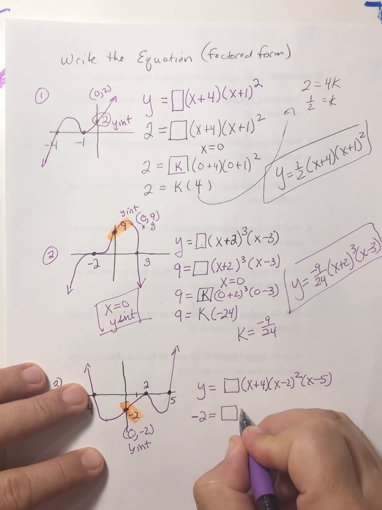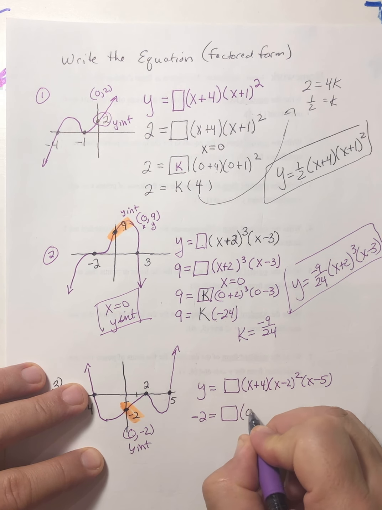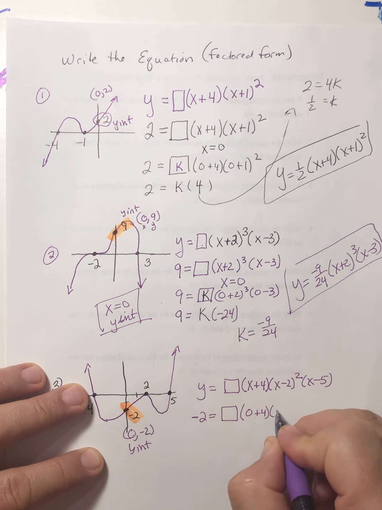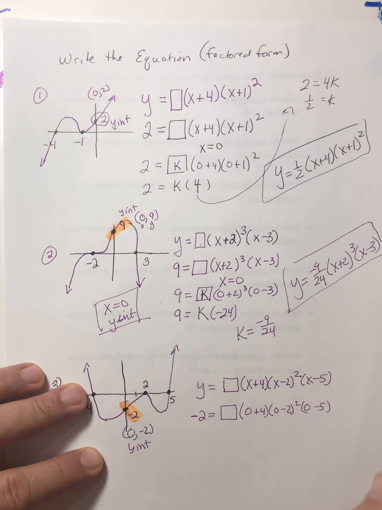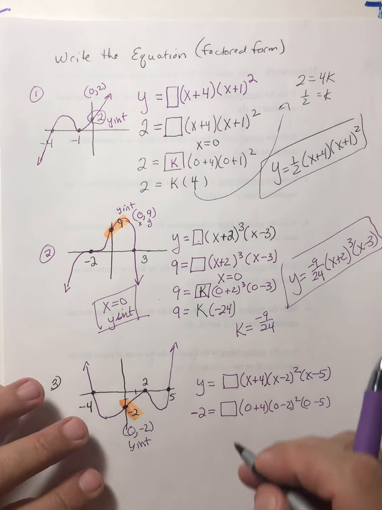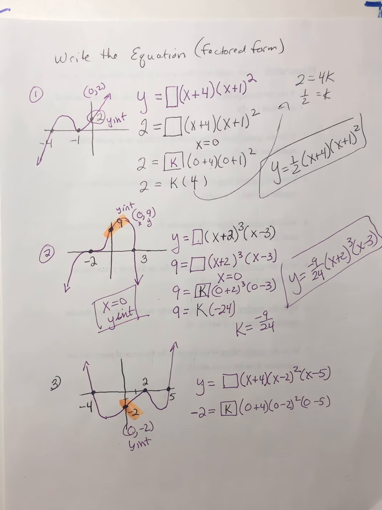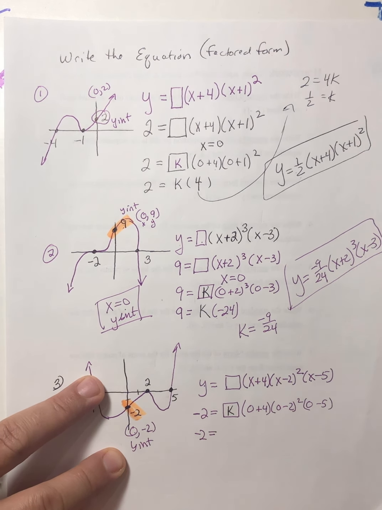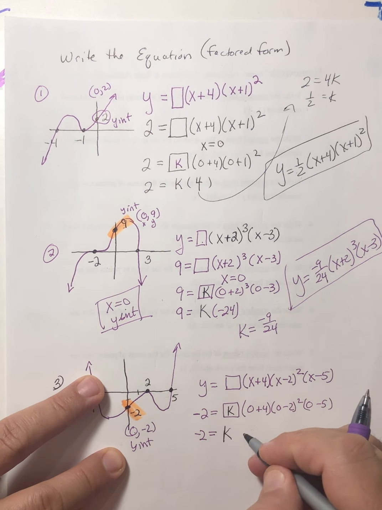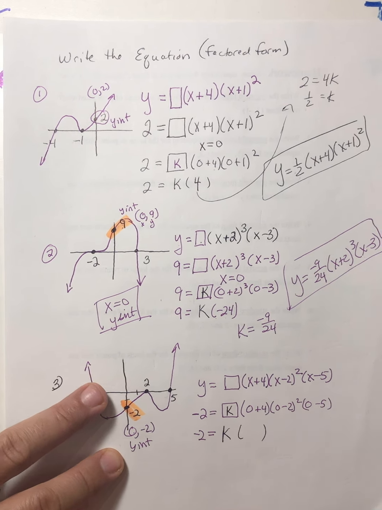And we're going to fill in that box eventually. So 0 plus 4, 0 minus 2, and then 0 minus 5. That's right, we're finding the k. So I have negative 2 equals k times whatever this mess is.